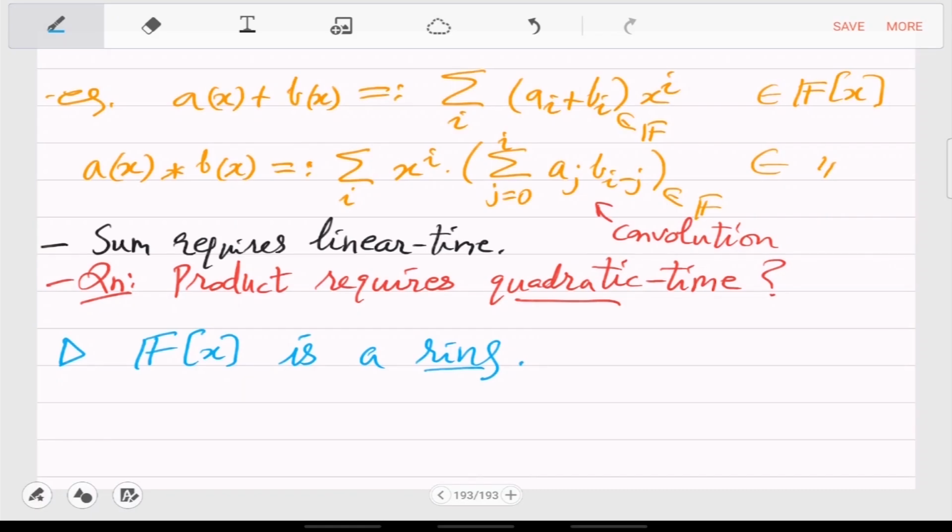There is 0, there is 1. There is additive inverse. So the only thing missing is the multiplicative inverse. For example, x will not have a multiplicative inverse. There is no 1 by x. It's not a field, as x inverse doesn't exist.